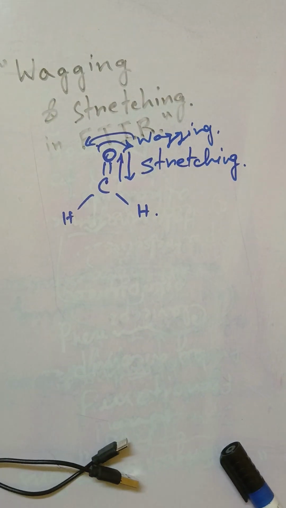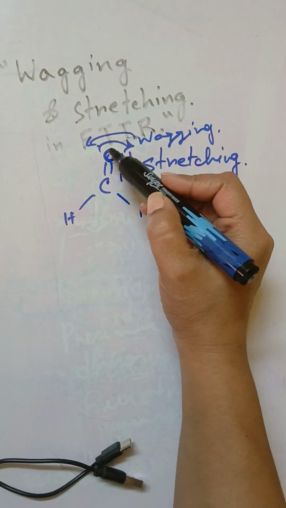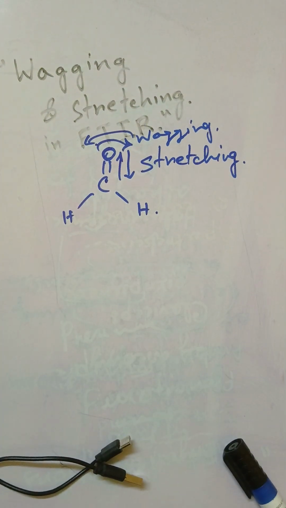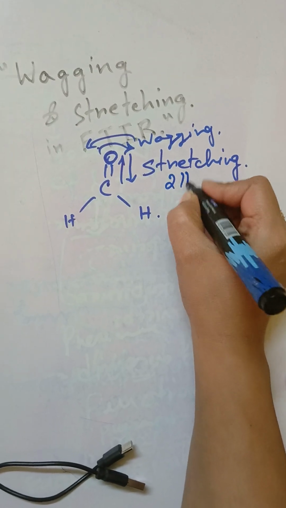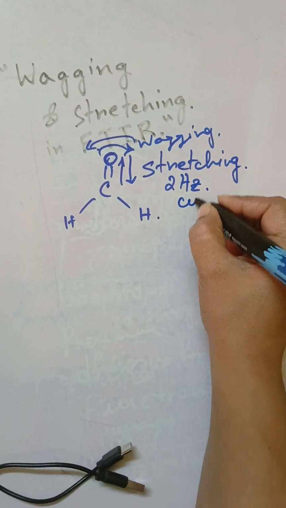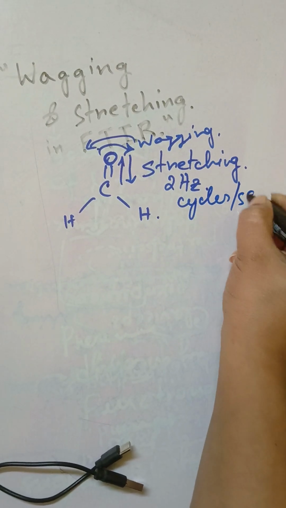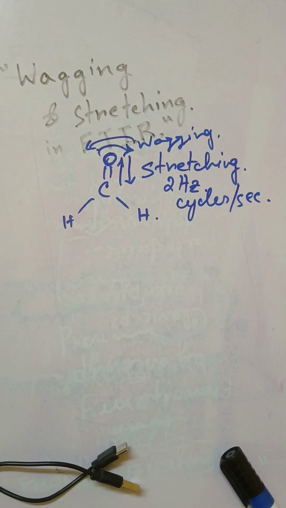Now the thing is, stretching of this carbonyl group always has a frequency of 2 hertz. Hertz means cycles per second. Remember in your 11th to 12th standard.